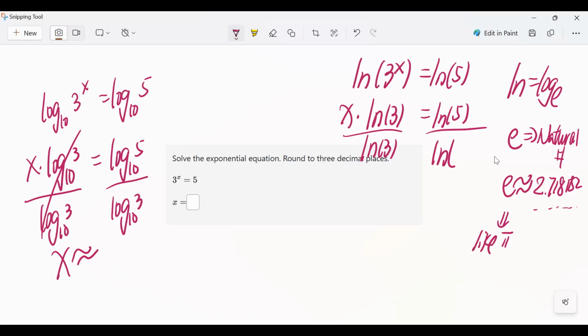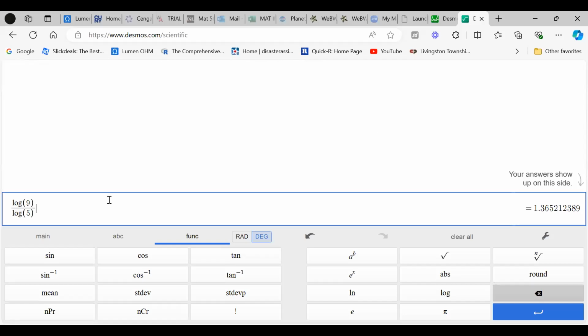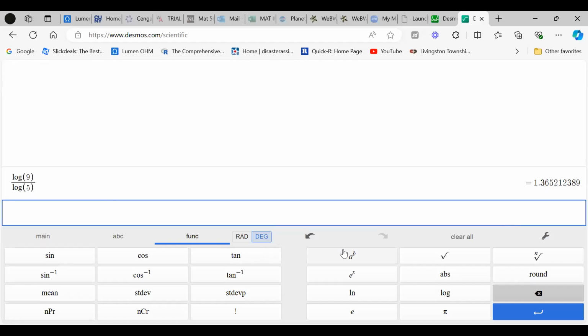So basically for base 10 and base e, those are the 2 options we have. With ln of 3, we get x equals ln of 5 over ln of 3. And let me show you, they actually yield the same result. I'm going to go back to the calculator here. Maybe do ln of 5 over ln of 3.